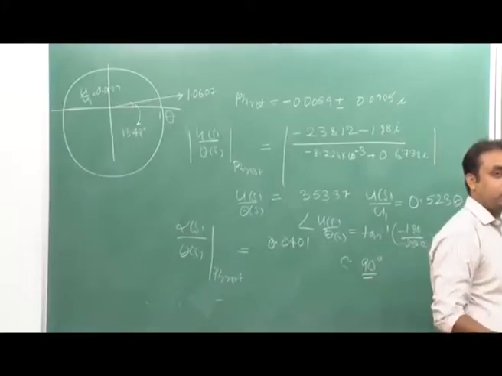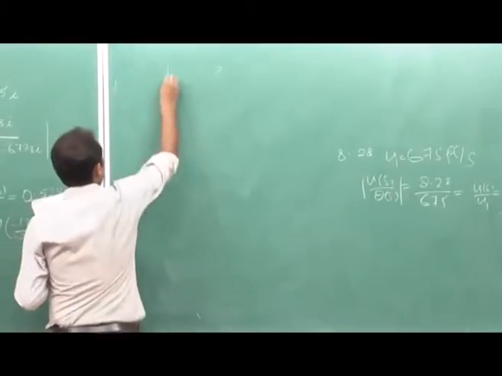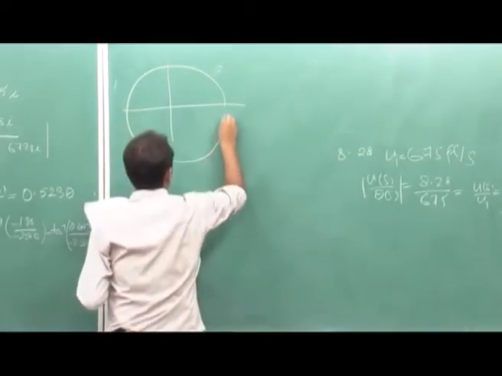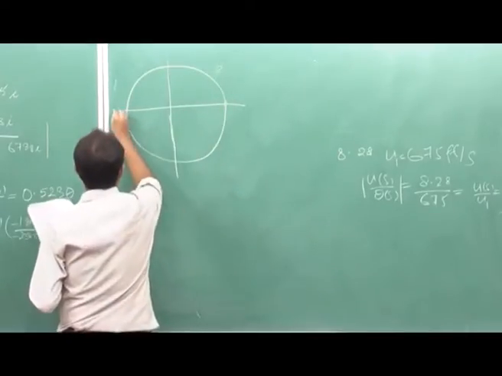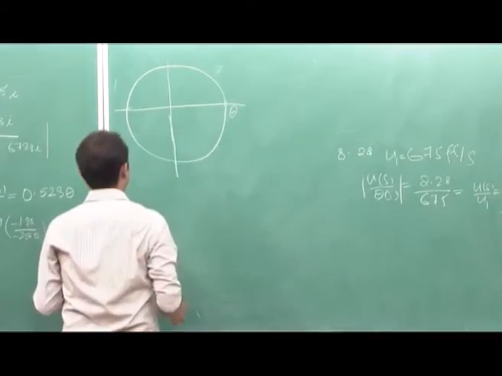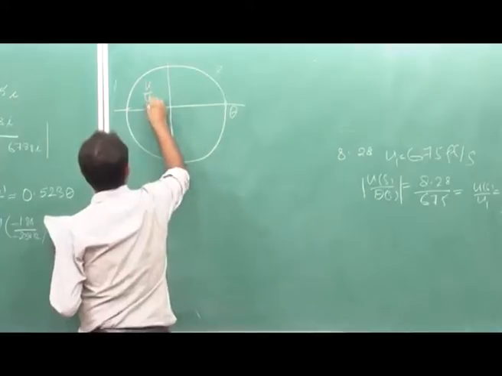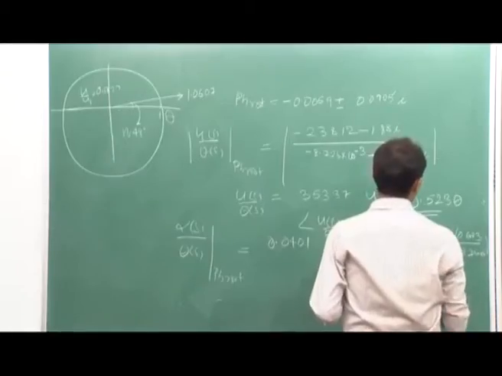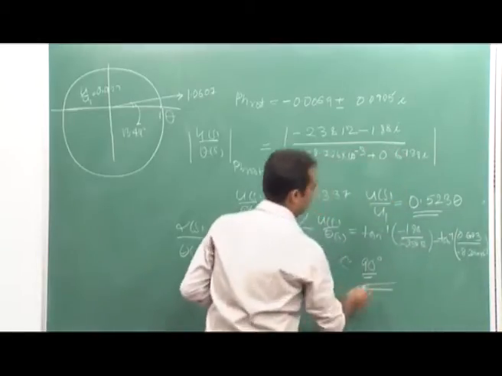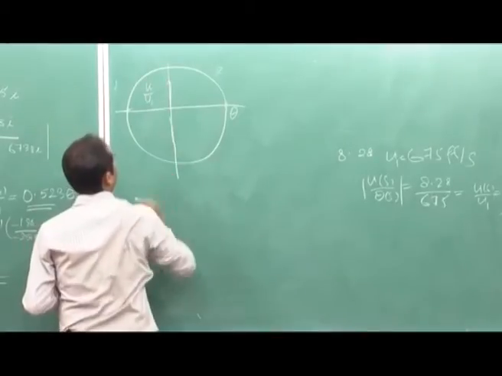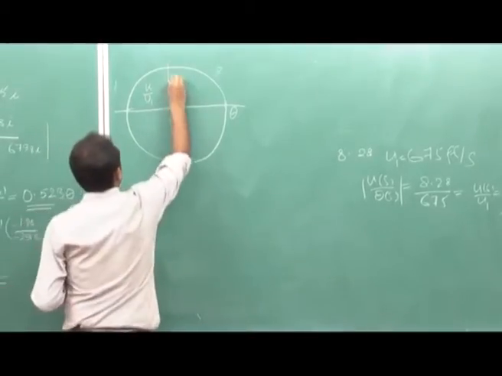Now drawing the mode shape diagram for phugoid mode. This is a unity circle with theta as the parameter. Your u upon u1 was 0.523 theta at an angle of 90 degrees, which will be represented by this vector.